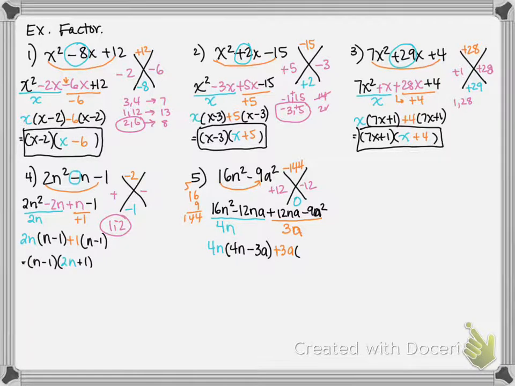And then 12 divided by 3 is 4, and a divided by a is n, minus 9 divided by 3 is 3, a squared divided by a is a. And our magic occurs. So we get 4n minus 3a, and then that gives us 4n plus 3a. Oops, sorry, that's supposed to be 1.